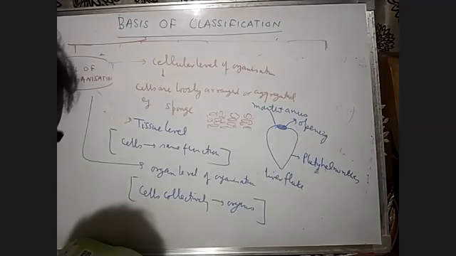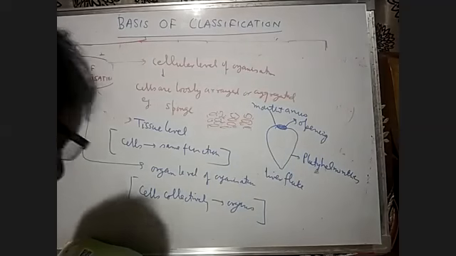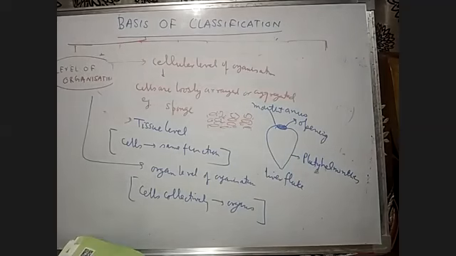This kind of digestive system is called the incomplete digestive system, where there is no anus, and only one aperture acts as both mouth and anus.